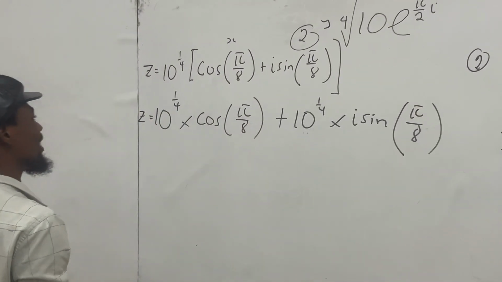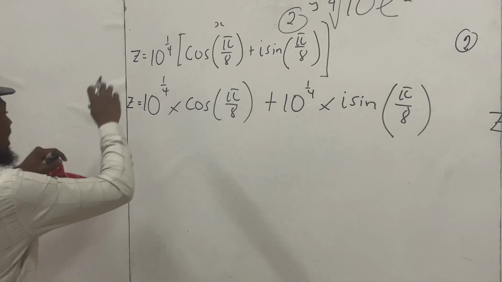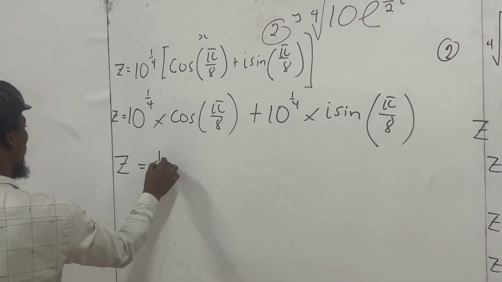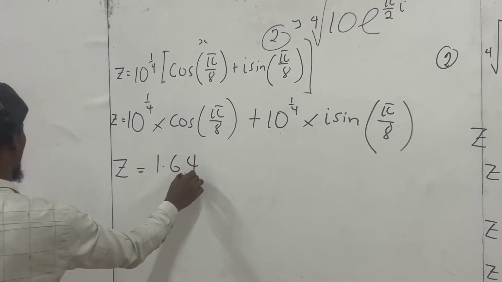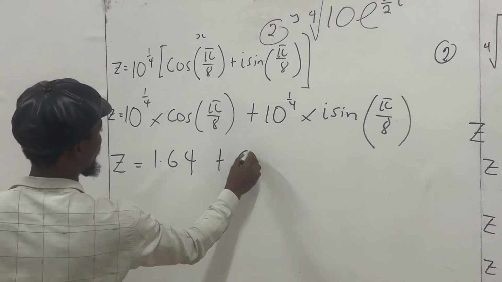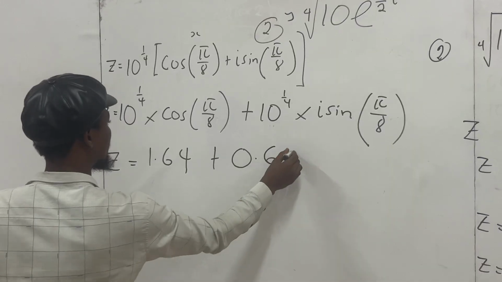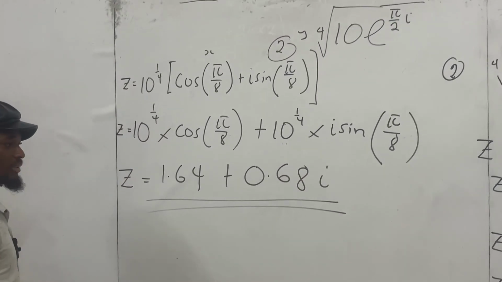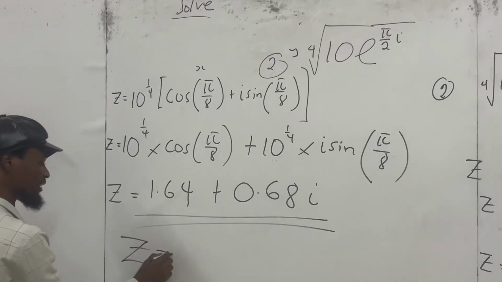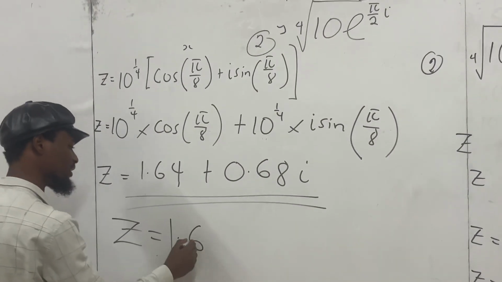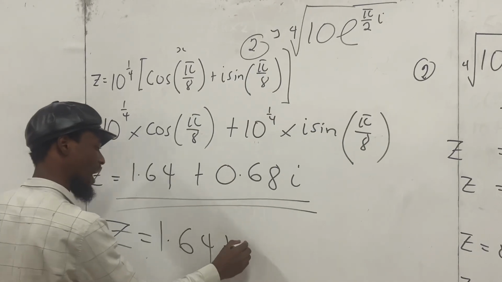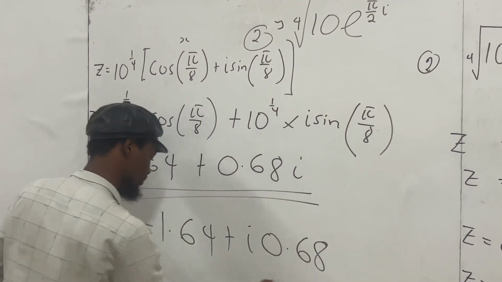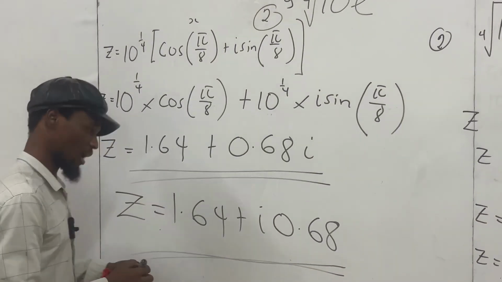As simple as that. Viewers, using a calculator to compute this, z should give us 1.64 plus 0.68i. As simple as that. So this is just the same as 1.64 plus i 0.68. As simple as that.